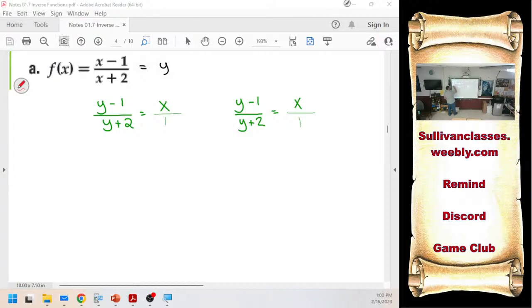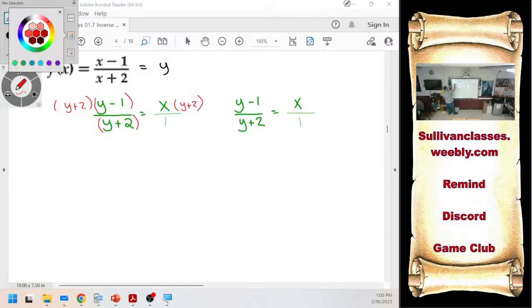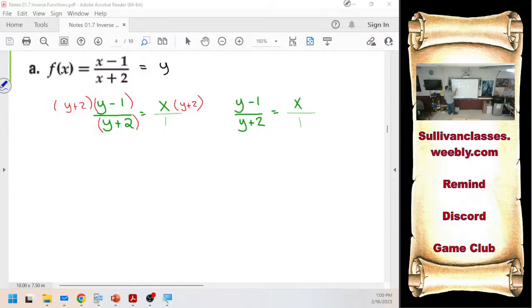Oh, you just multiply by this y. Oh, also, basic, full loop right there.